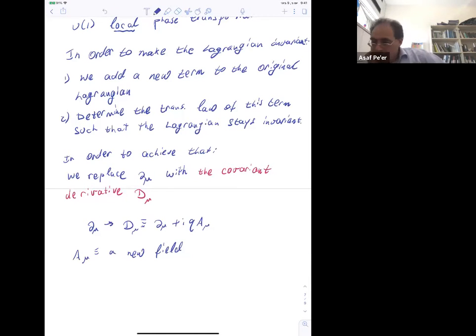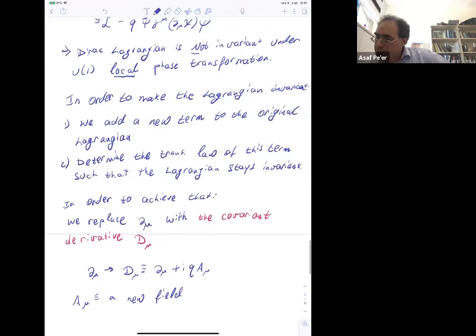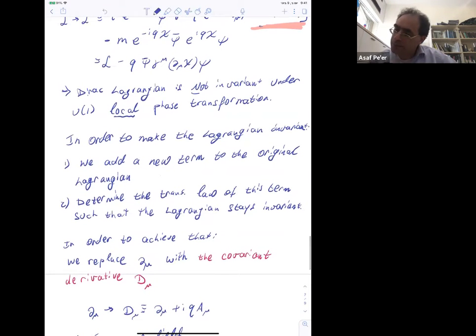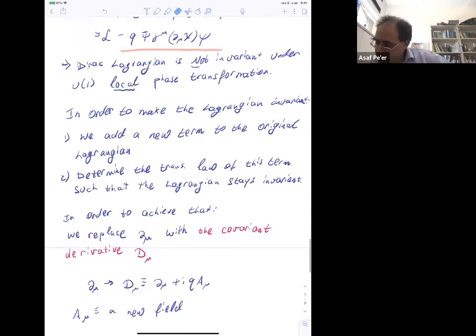Remember, we had this unwanted term in the Lagrangian. This was the term we don't like, and we want to cancel it. In order to cancel this term, we can do that provided that the field has its own transformation law.